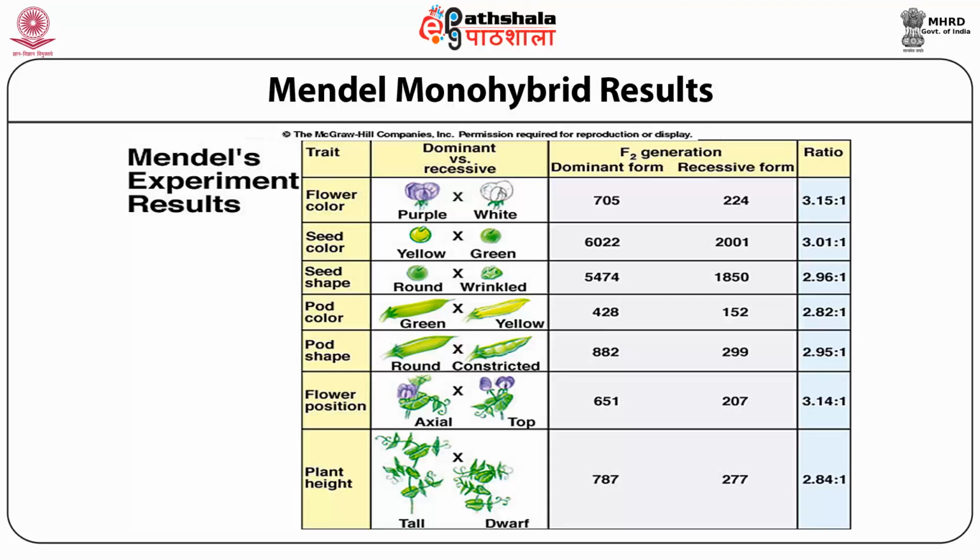In position of flower, axial is dominant, and in height, tall is dominant over dwarf. Similarly, in the next column, there is the dominant form and recessive form, and their numbers and ratio have been shown.